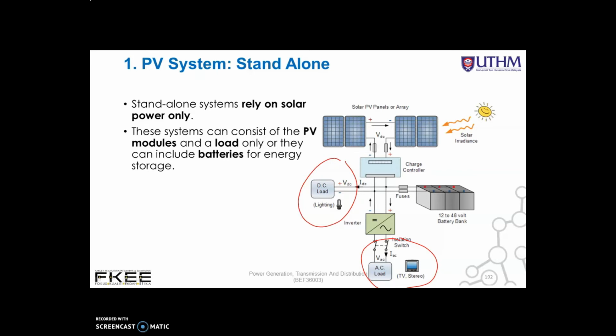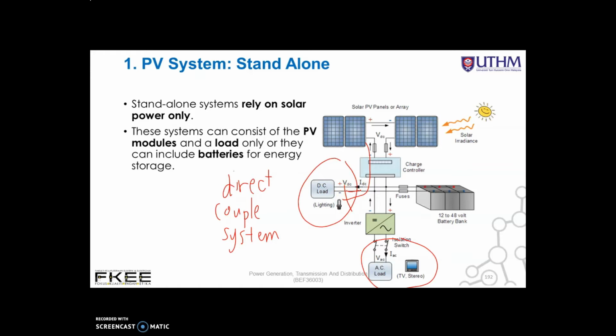The simplest type of stand-alone photovoltaic system is a direct couple system, where the DC output of the photovoltaic module or array is directly connected to the DC load.